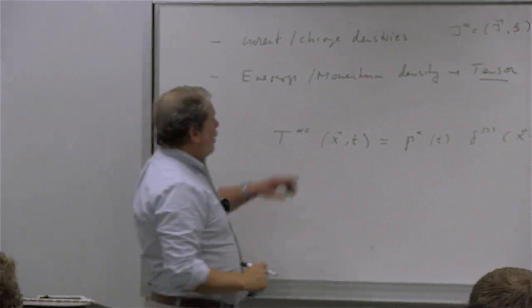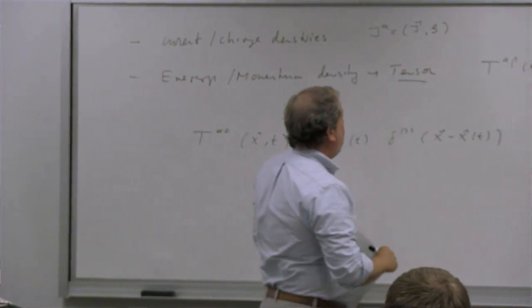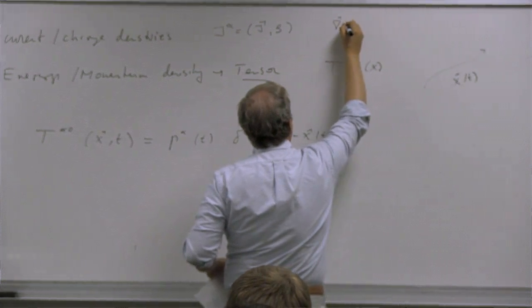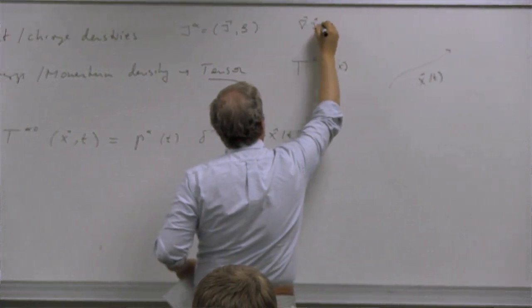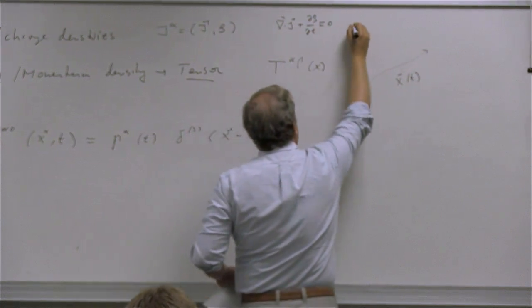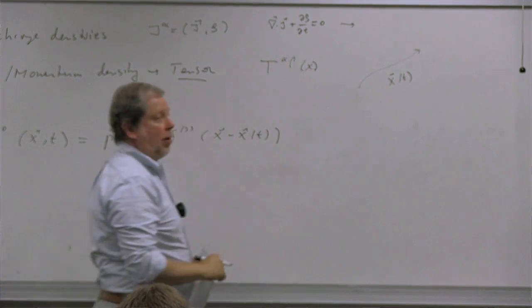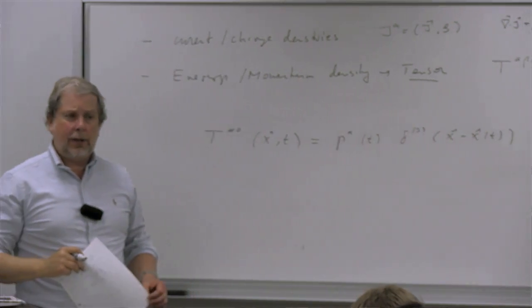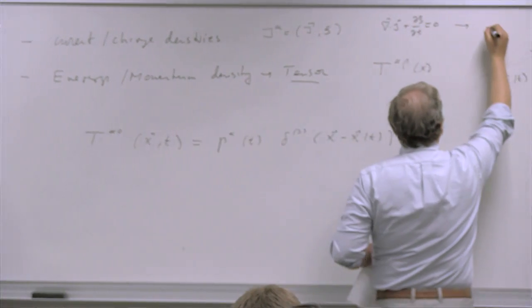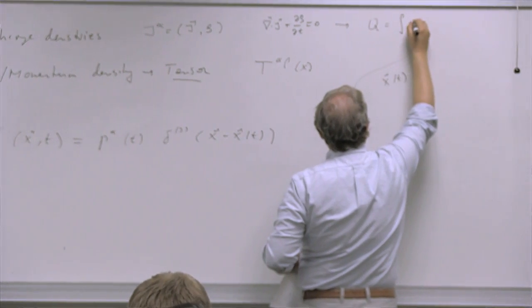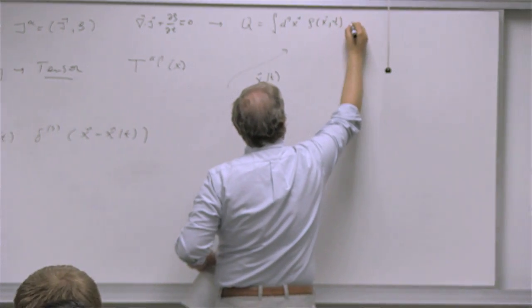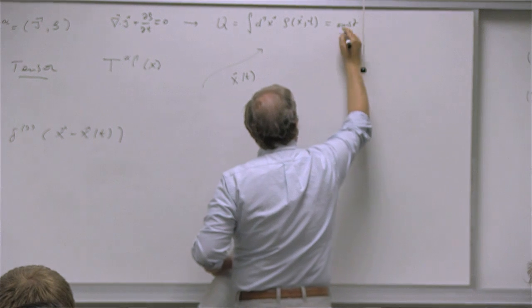Well, in this case, it was enough to have a 4-vector because you can, from the continuity equation, which is divergence of J, right, plus d rho by dt is equal to 0, derive, and this is something we always do in electromagnetism, that there is a conserved quantity, which is Q, which is the integral in d3x of rho of x and t, right?